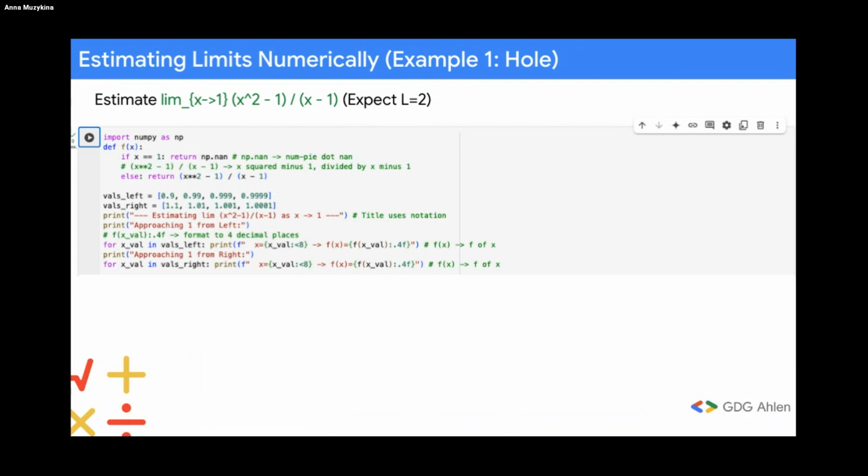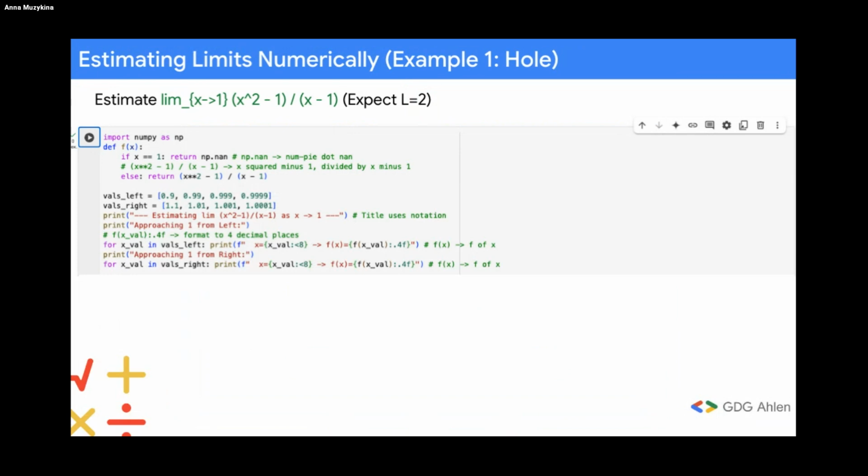So, we can estimate limits numerically by plugging in values close to the target point. Let's estimate the limit as x approaches 1 of the quantity x squared minus 1 divided by the quantity x minus 1. Algebraically, we expect L equal to 2.